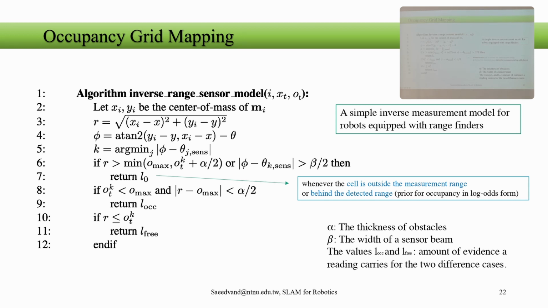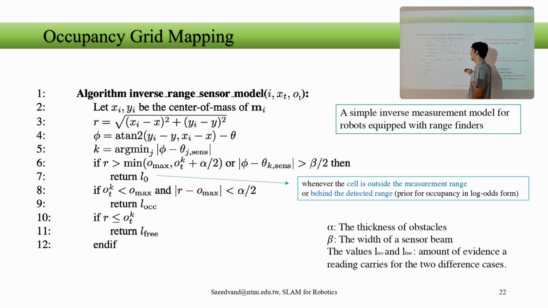And if we consider x and y as the center of mass of m_i, what does it mean? For simplicity, for each one of the grid cells, we can calculate its center of mass, then calculate the range, which we have already done with the x and y, and calculate the bearing.